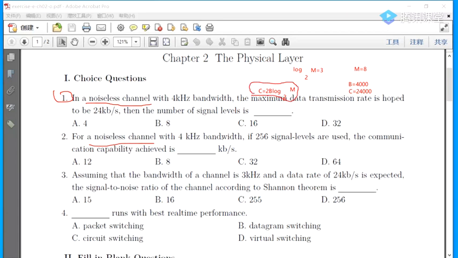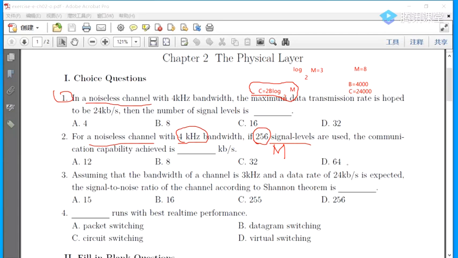The bandwidth capital B is 4 kilo, and with 256 signal levels, capital M is 256.